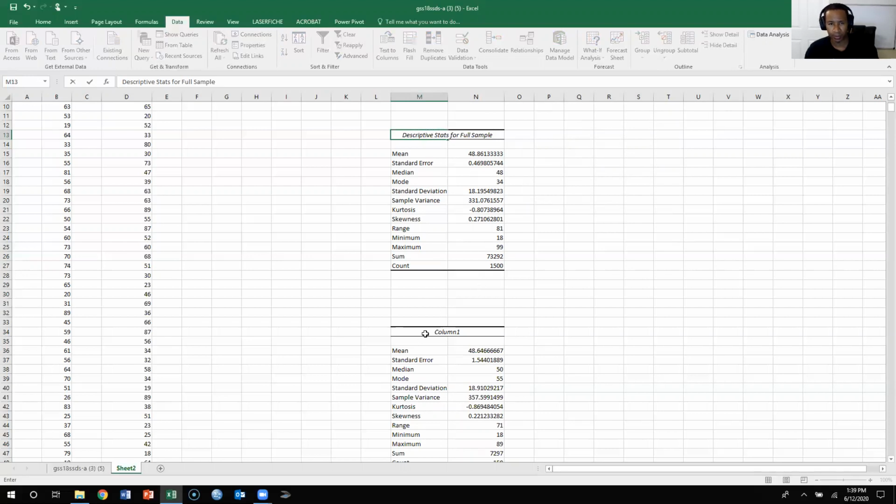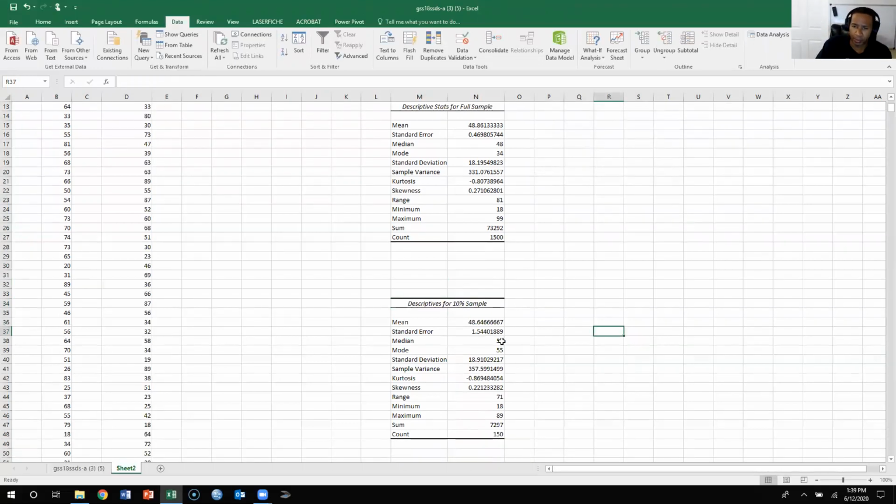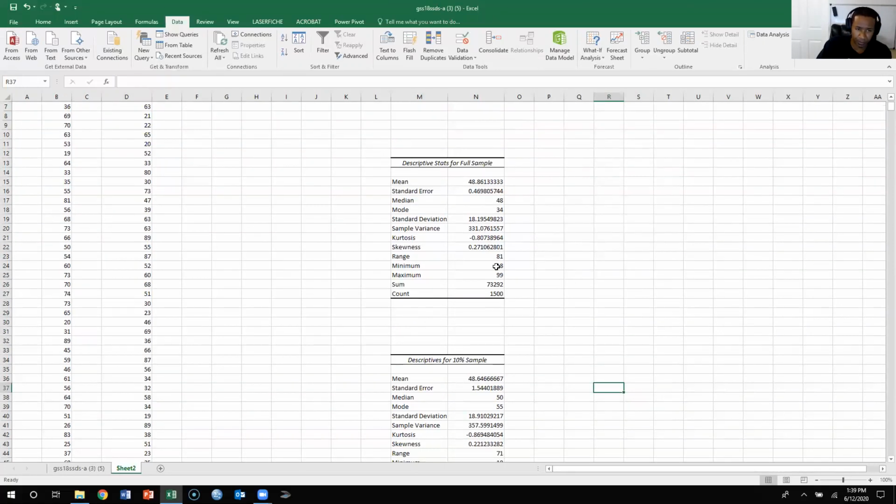This would be descriptive statistics for 10% sample. Okay, so as we can see, the median shifted a little bit, the mode shifted, the mean is pretty close, and the standard deviation is actually pretty close to the full sample as well.